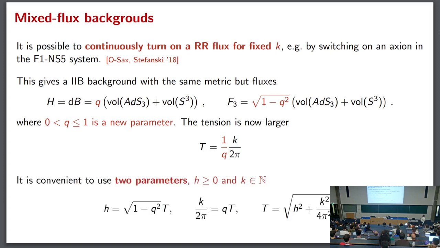And you get two parameters. One I call h, which is continuous, and k, which is still discrete. They are basically what appears in front of the three-forms, scaled by the tension. And you see that the tension is sourced in more or less equal measure by the Ramond-Ramond and the NS-NS flux. So every time you add a bit of either, you generate more tension for the string.